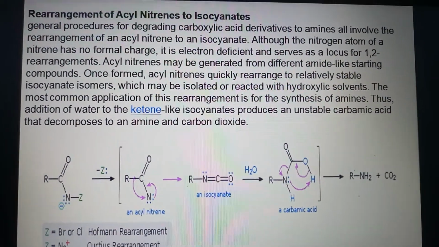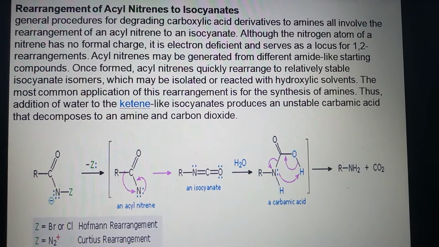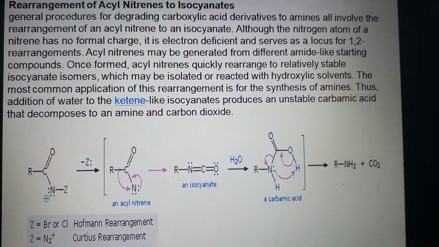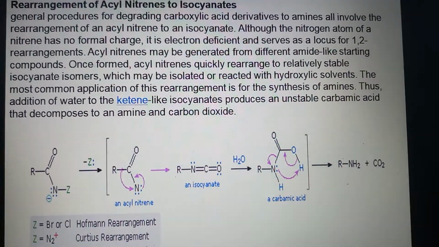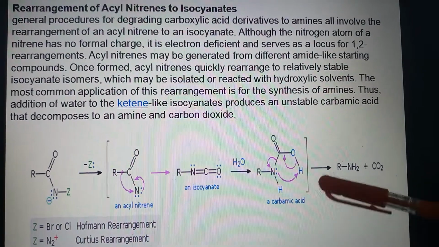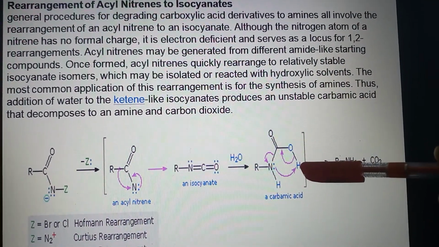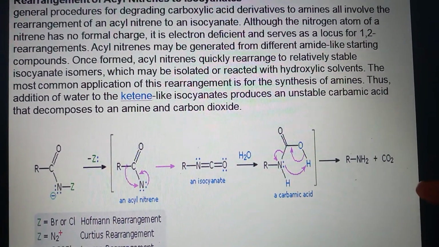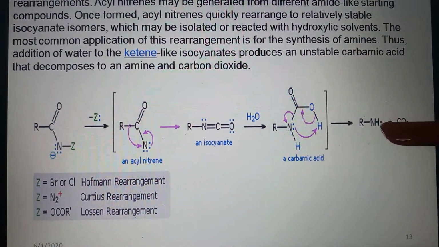Thus, addition of water to the ketene-like isocyanates produces an unstable carbamic acid, which decomposes to an amine and carbon dioxide, as you have seen here. Attacking of this lone pair to the hydrogen, and this way we will get our desired product, an amine.